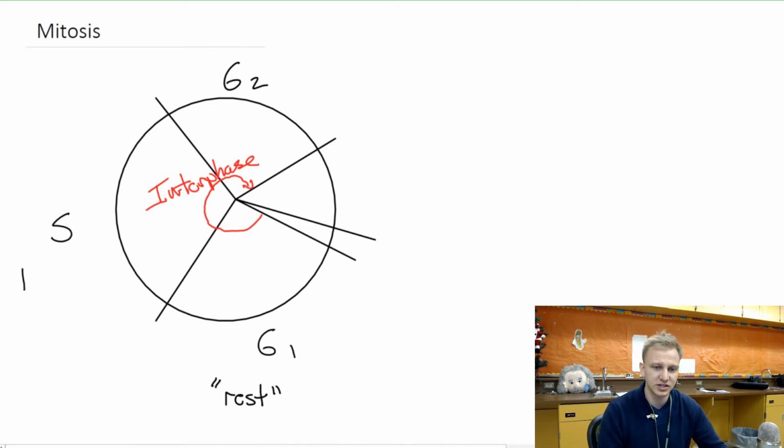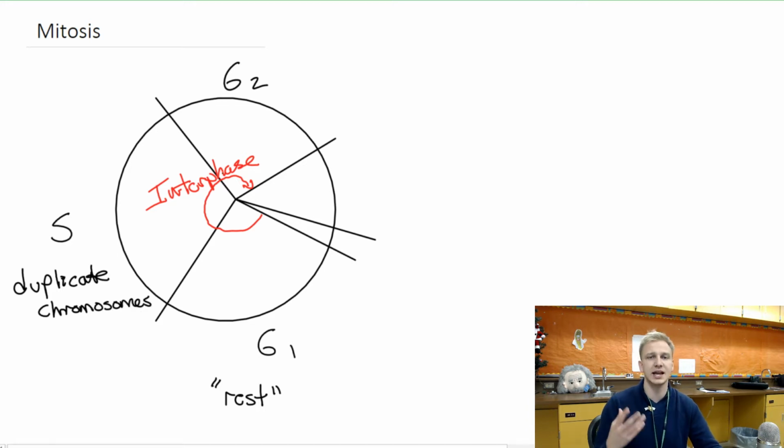In the S stage, that is where we are going to duplicate something known as the chromosomes. And the chromosomes are basically bundles of DNA that contain all of the genetic information for this cell to exist.